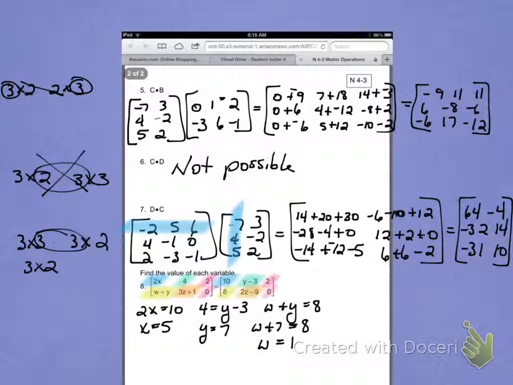So 3z plus 1 is equal to 2z plus negative 9. So I subtract 2z across, and I have z plus 1 is equal to negative 9. And when I subtract 1 then, z will be equal to negative 10. And that's how you solve for variables when they're in matrices like this.